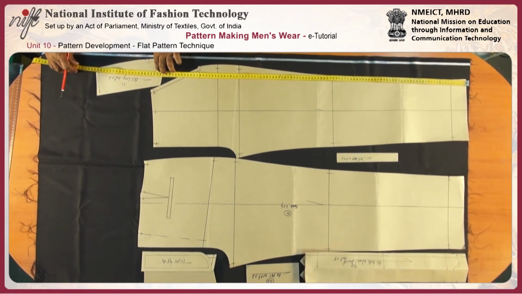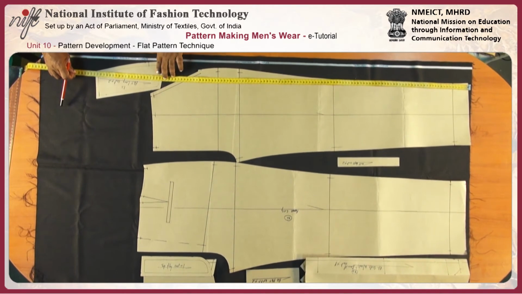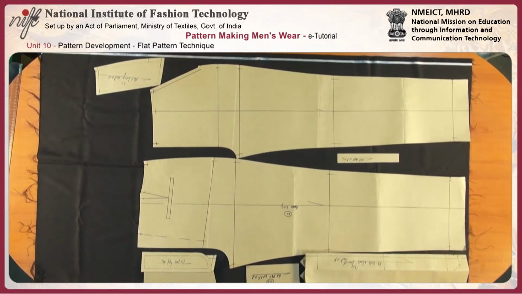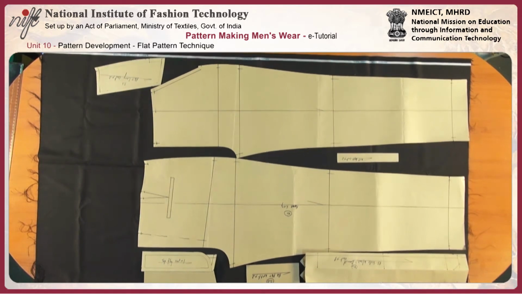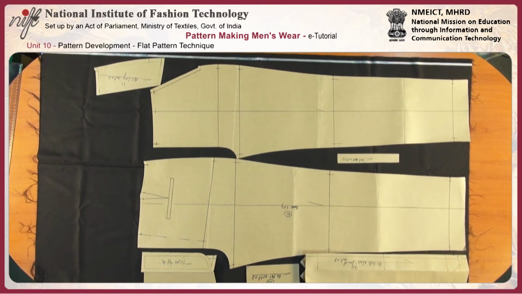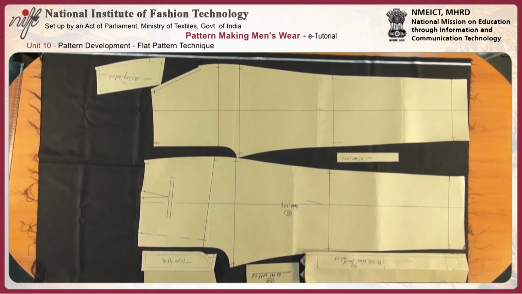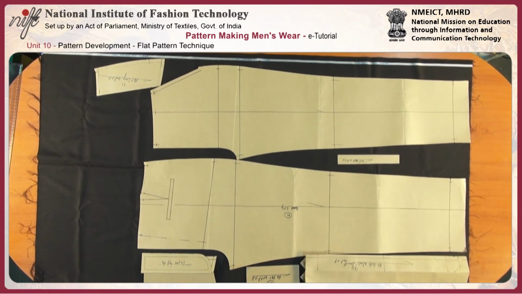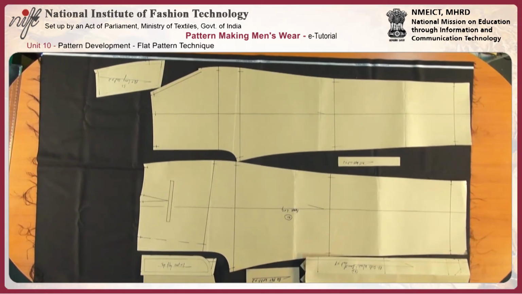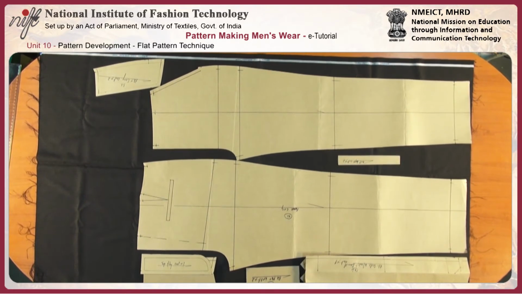In this case, consumption is 1.25. The width of the fabric is 60 inches. In this type of lay, the efficiency will be less and consumption will be more, so the cost of the garment will be high because it's a single garment. When you do mass production, the average consumption can be considered 1.2 for this kind of trouser size.